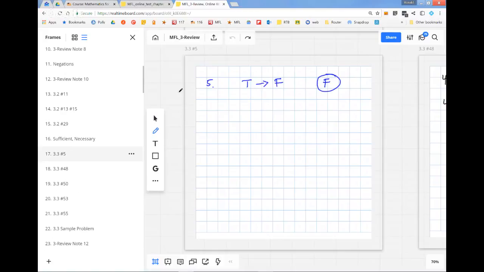So what do you do with an if-then when the first part is true and the second part is false? False. And therefore, this one is false. Okay, so that's how 5 goes.